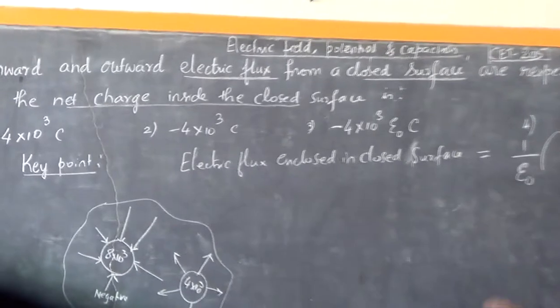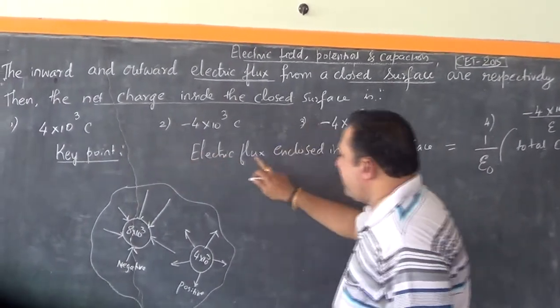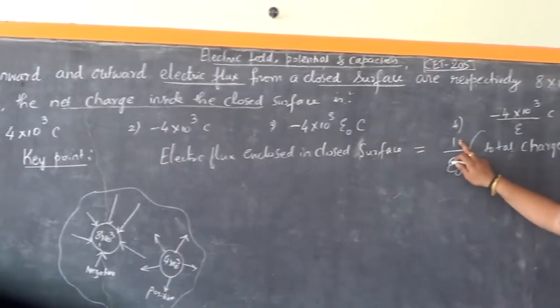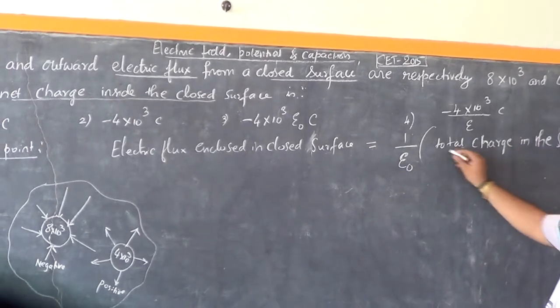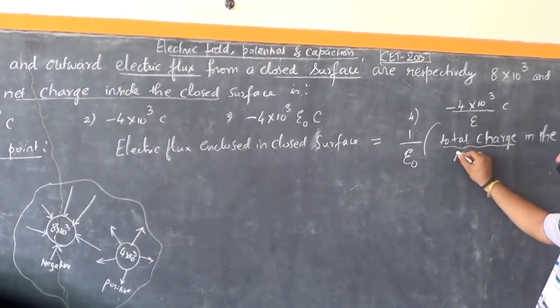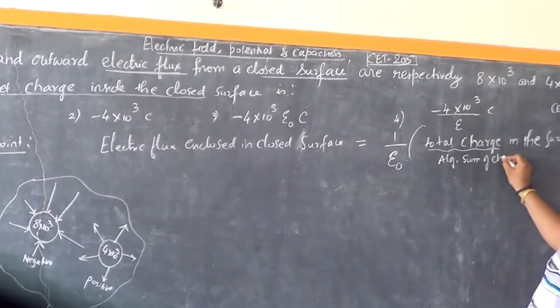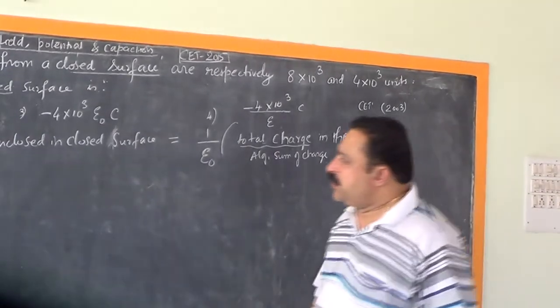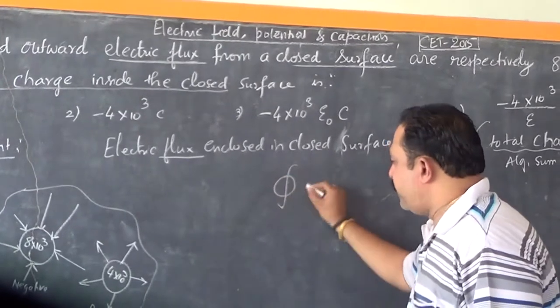From the statement of the Gauss theorem, we know that the total normal electric flux enclosed in a closed surface is equal to 1 by epsilon naught times the total charge. The total charge here I mean is the algebraic sum of charges enclosed in the surface. You know that electric flux is represented by phi.